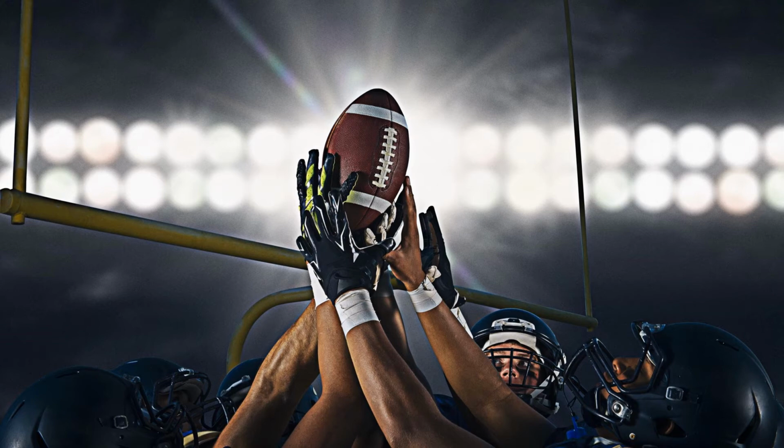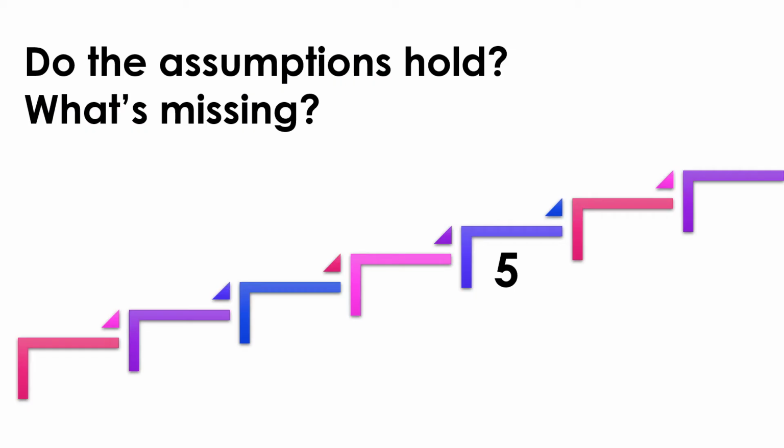The assumption is that if leaders share their decision-making power and employees participate in decision-making, the team will be more productive and employees will feel empowered. But the problem is, do these assumptions hold? Step number 5, do the assumptions hold?